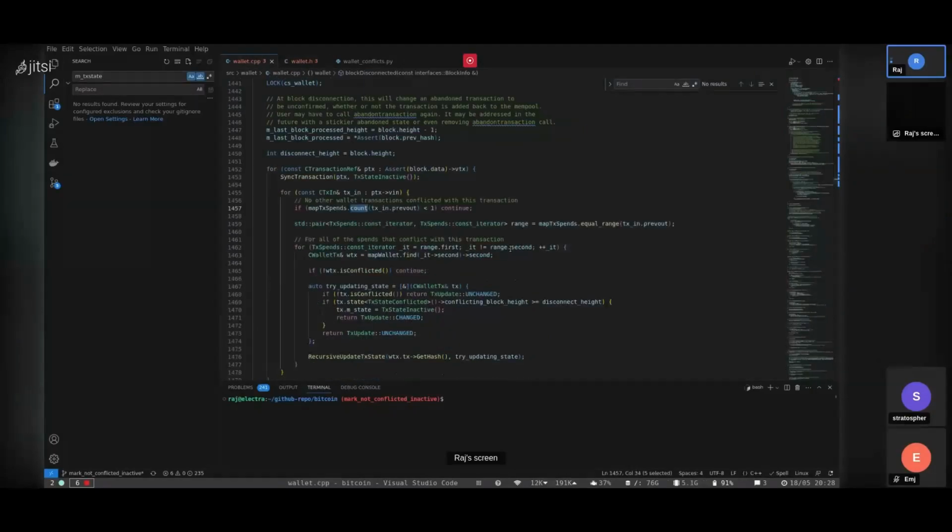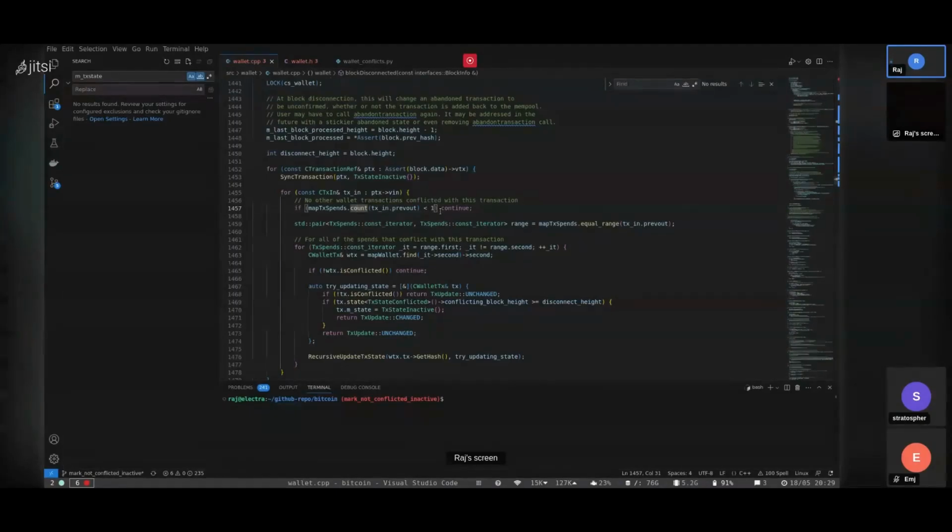If we have multiple transactions, I think this count, std::size_t, the number of elements of that, gives us the number of elements with that key. And if the count is less than 1, what does it mean by count less than 1?